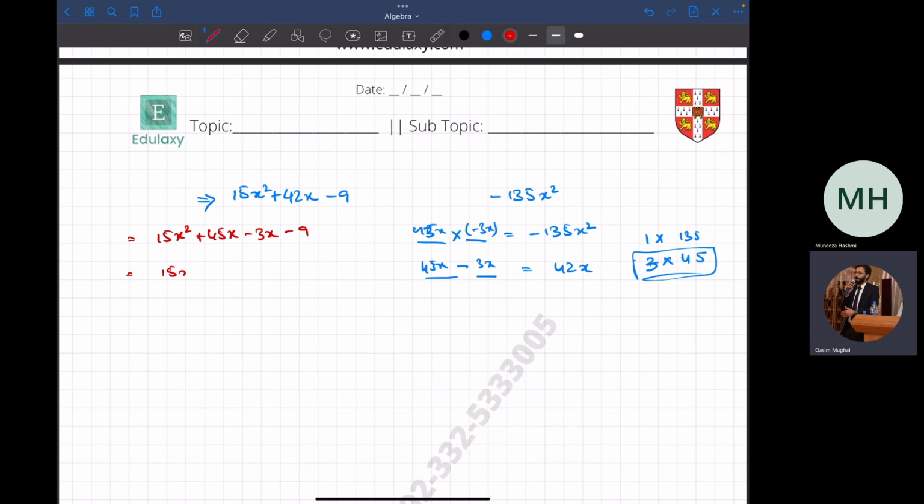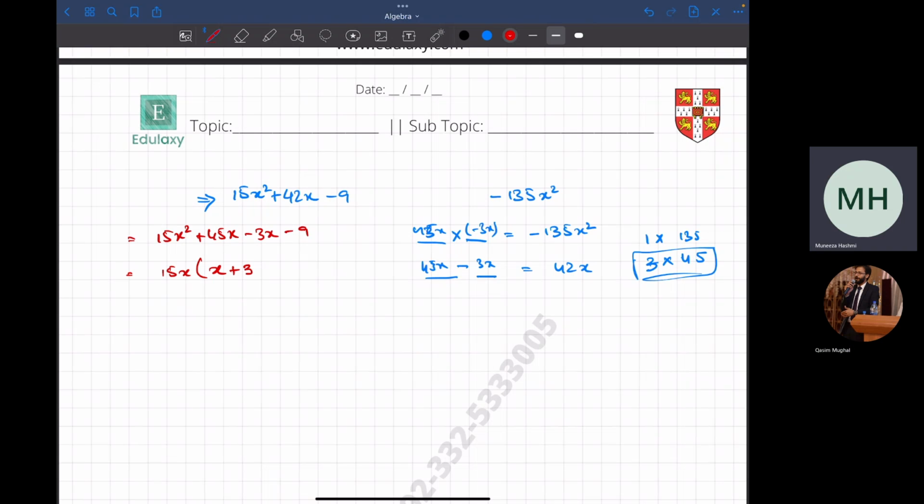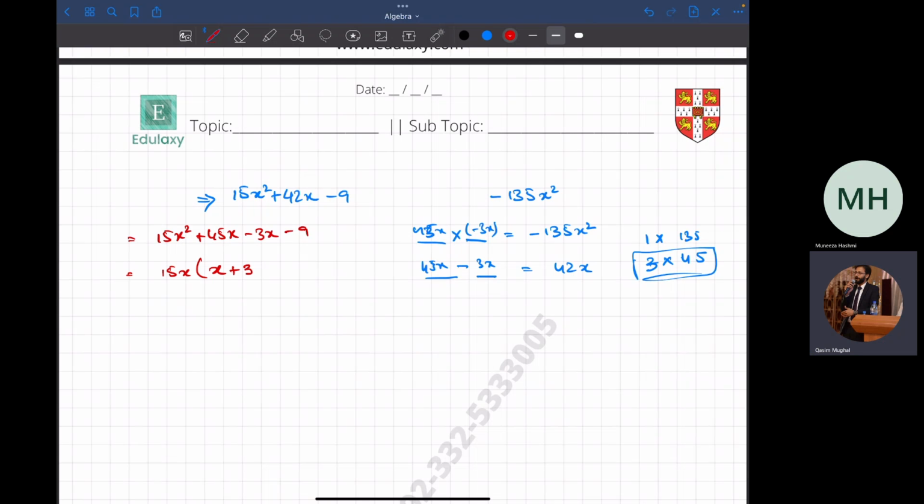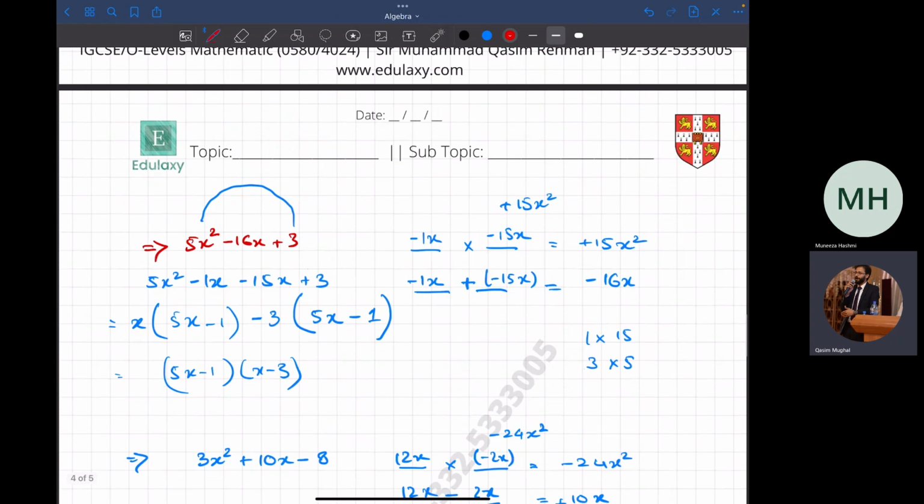So 15x is common and then x plus 3. 15 times 3 is 45, right? Yes. And then minus 3 is common and then x plus 3. So x plus 3 and then 15x minus 3. That's it. So this is how you'll be doing the factorization of quadratic expressions.